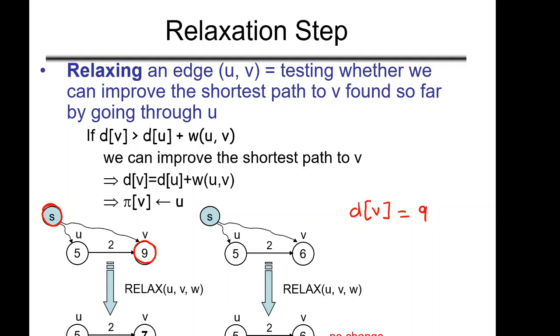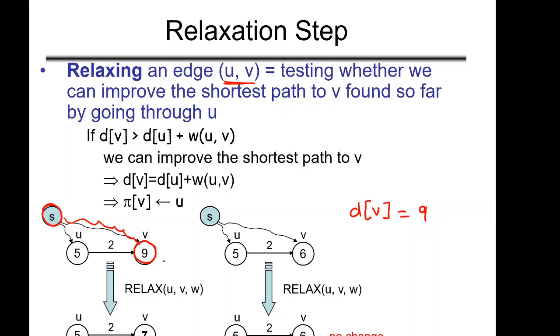For this node, whenever somebody says relax the edge uv, what does it mean? It means we have to check whether we can improve the shortest path which is already found. This is some shortest path which was already found, and the weight of the shortest path is 9.